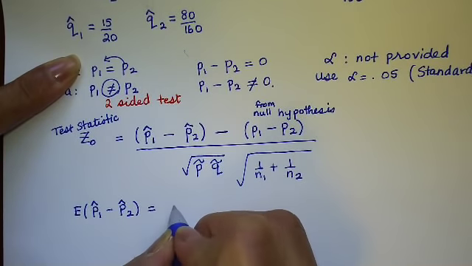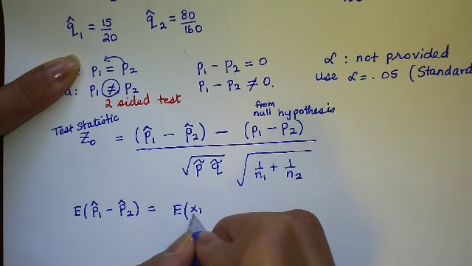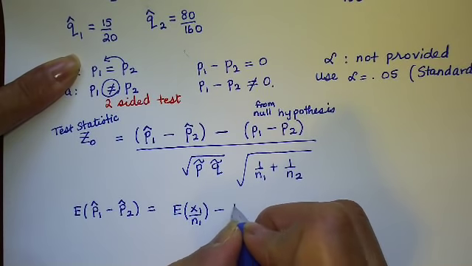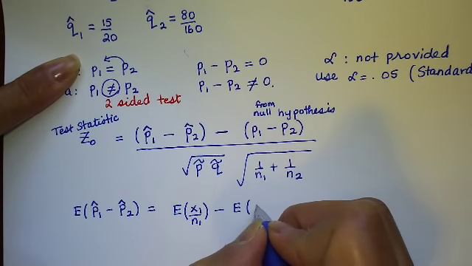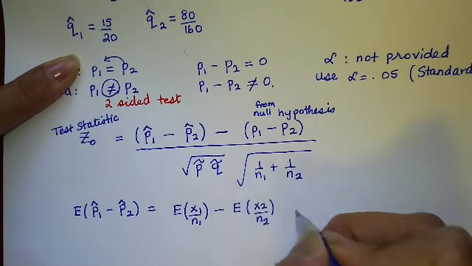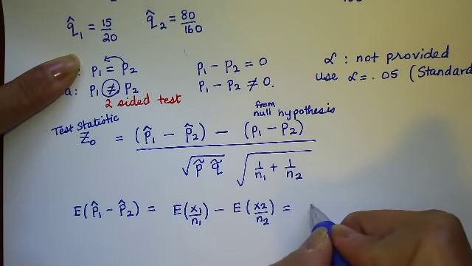E of p1 hat minus p2 hat is equal to E of, let's replace p1 hat by x1 over n1 and p2 hat by x2 over n2.